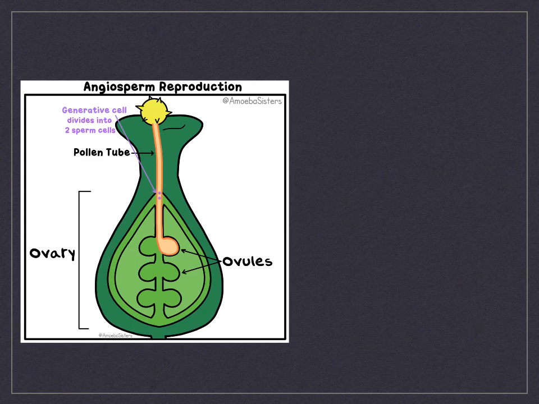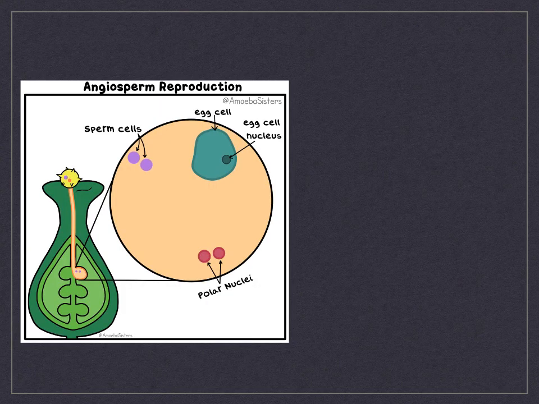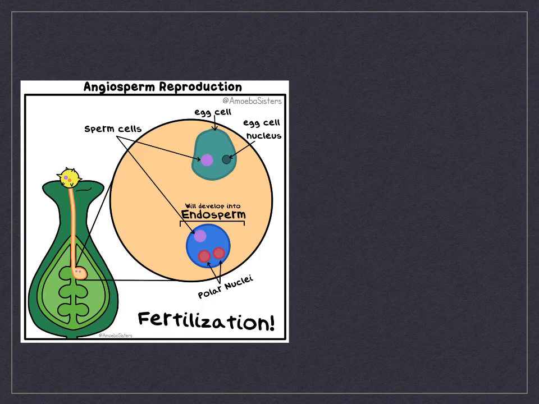and two male gametes are released in the embryo sac. One male gamete unites with the egg cell to form the zygote. This is fertilization. The second male gamete unites with the two polar nuclei and endosperm is formed.